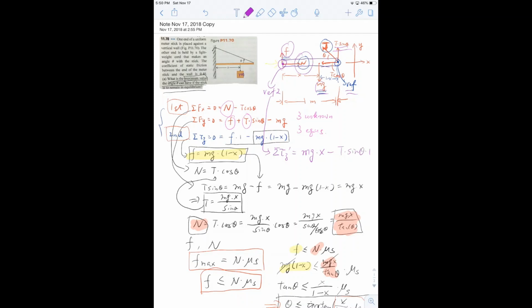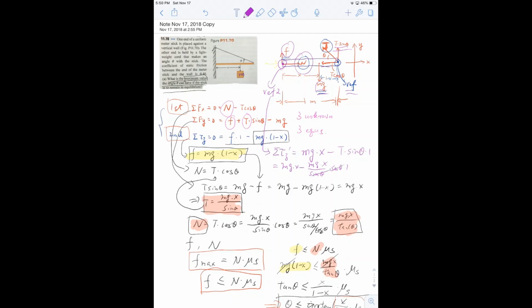So what is the tension here? We've already calculated that. Let's find that here. This is the tension. So we move that here: mg times x minus mg times x divided by sine theta times sine theta, times 1. What is that?